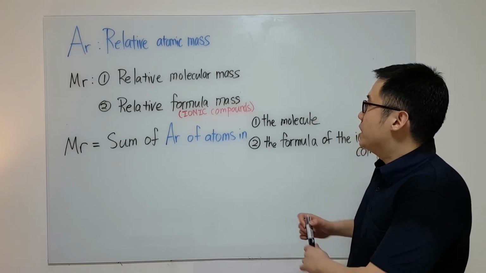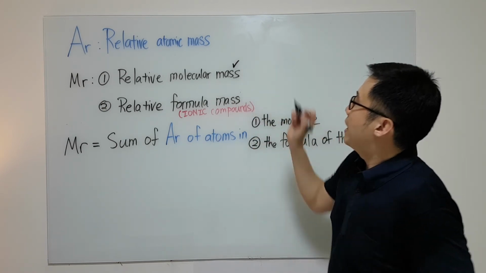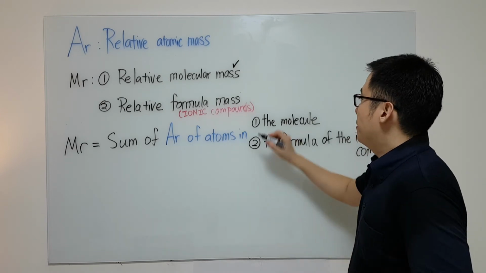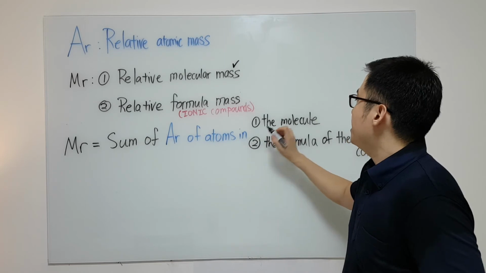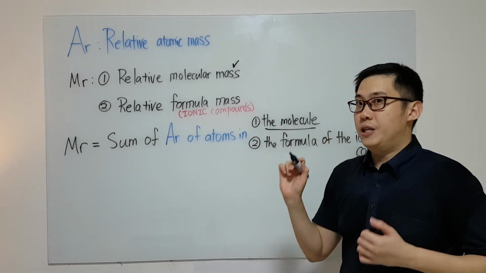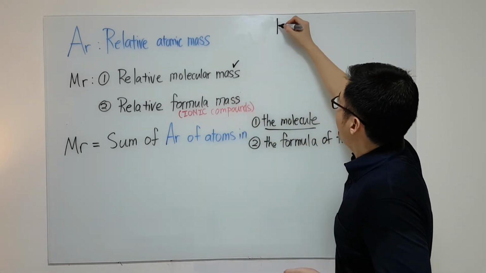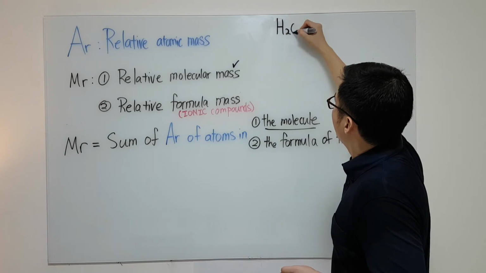Let's consider finding your relative molecular mass. Basically, it is the sum of the relative atomic mass of atoms in the molecule. Let's consider a molecule, H2O.